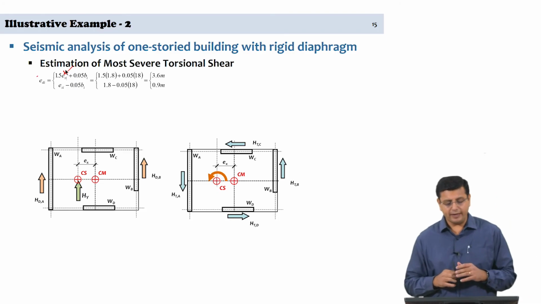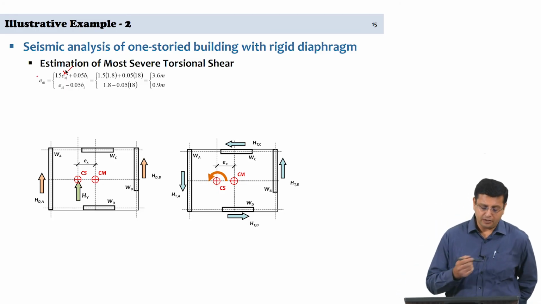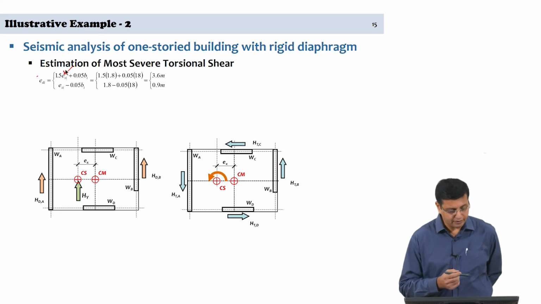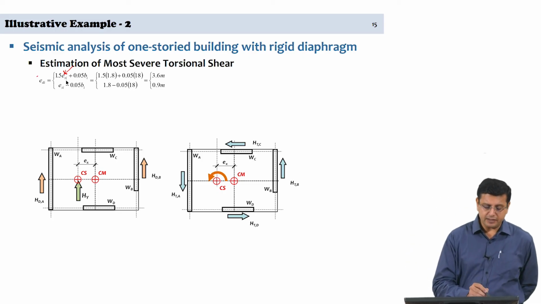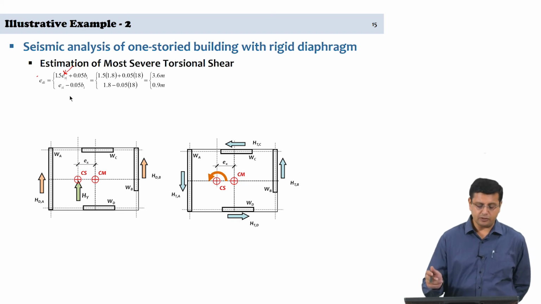The code requires that the dynamic eccentricity is estimated in our calculations for design forces. So, 1.5 times the static eccentricity plus 5% of the dimension perpendicular to the direction of the earthquake, and you have another estimate which is static eccentricity minus 5% of BI.